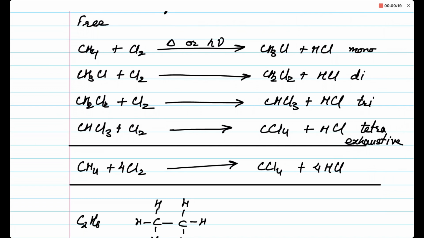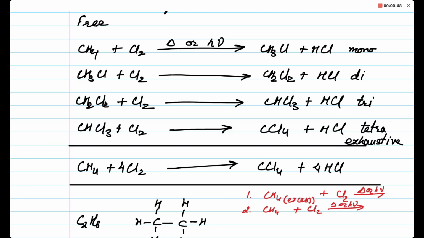And the options that could be given would be like: the first could be CH4 in excess plus Cl2 in presence of heat or light. The second condition could be CH4 plus Cl2 in presence of heat or light.